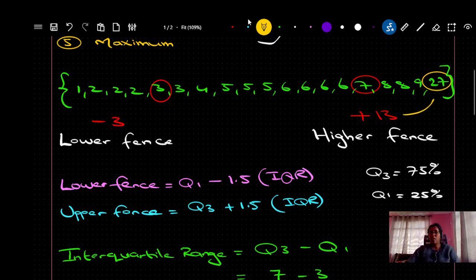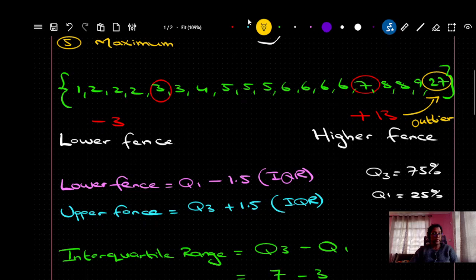So this is how we found out our outlier. And the lower fence is up to -3. We don't have any number below 1, so no outliers here.